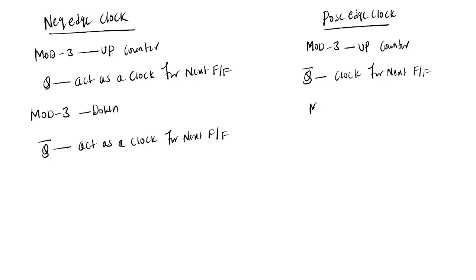And if you want a mod 3 down counter, you need to use Q as a clock for the next flip flop. Is it fine?